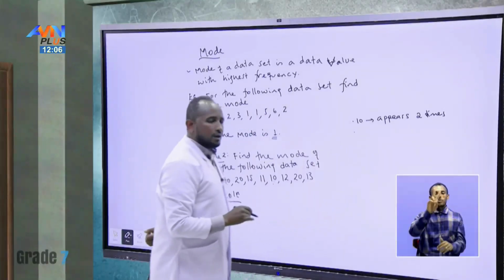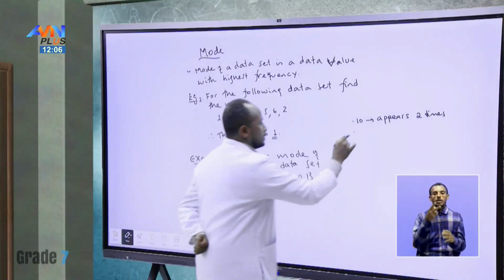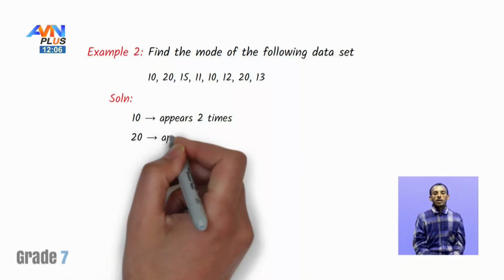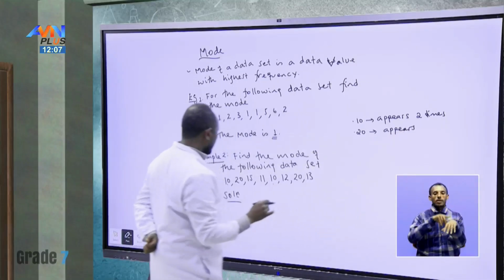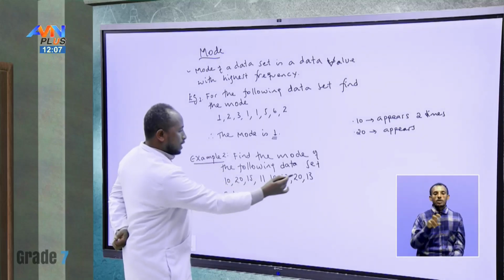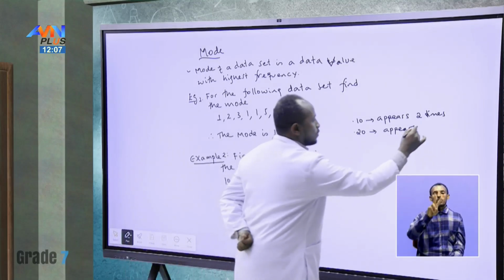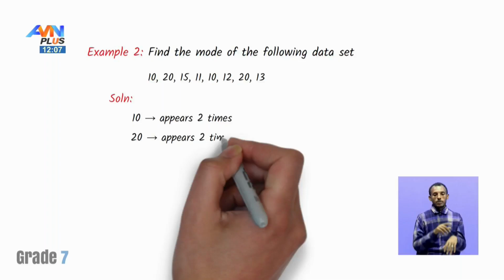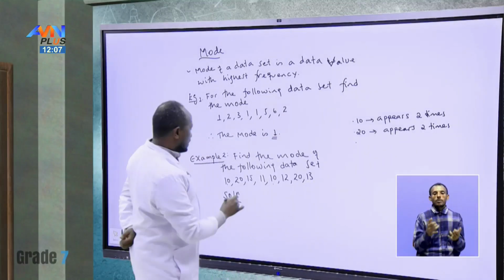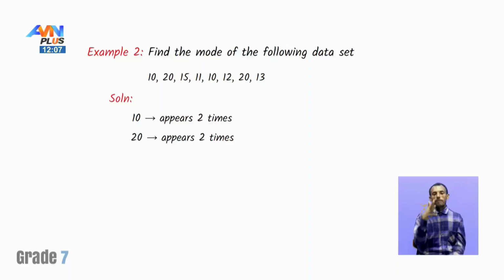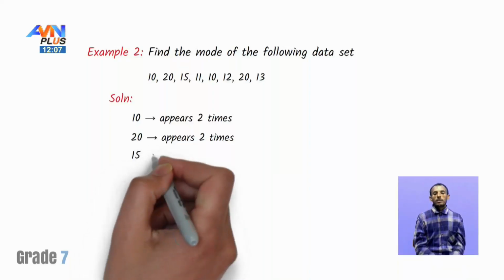Okay, now let's see 20. 20 appears how many times? 20, again we have 20 here. 20 also appears 2 times. Okay, now the next number 15. 15 appears how many times?